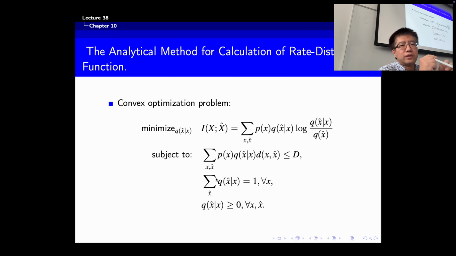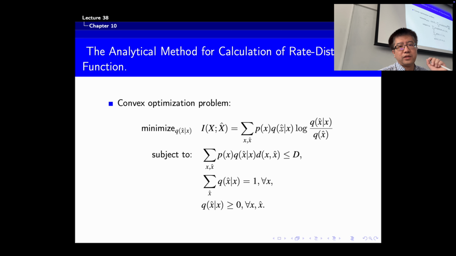Then we talked a little bit about the analytical approach for computing the rate distortion function. We can write the rate distortion function, the mutual information, as this, with some constraints here, and we proved that before.